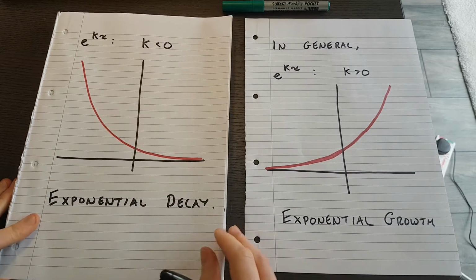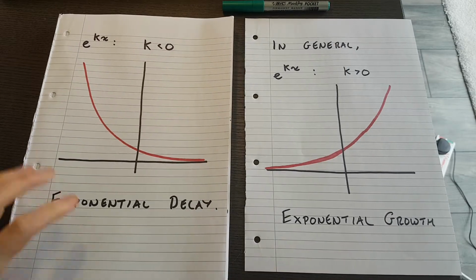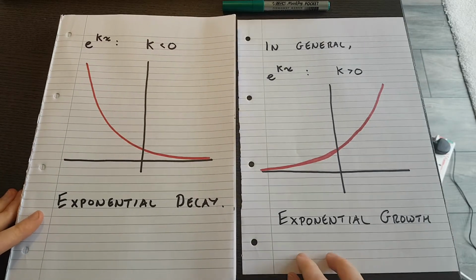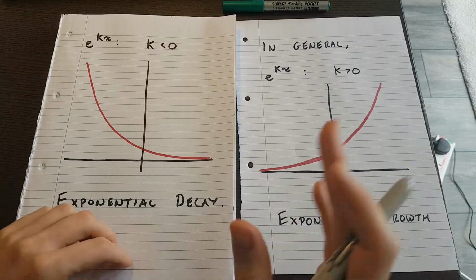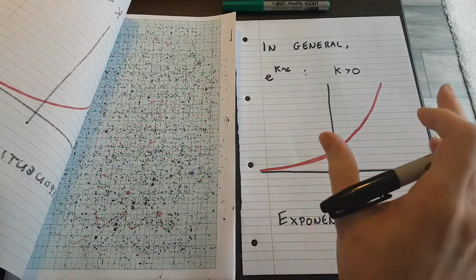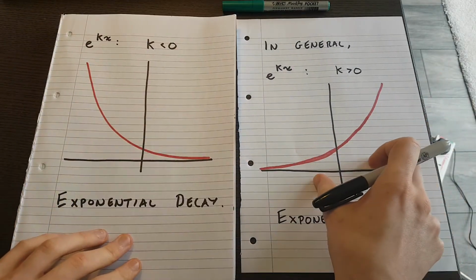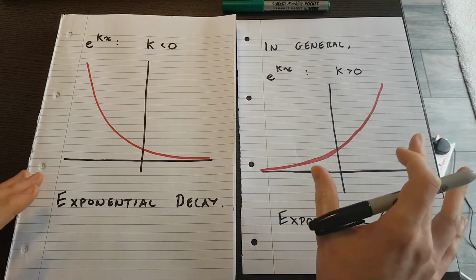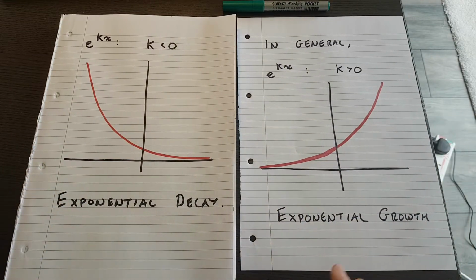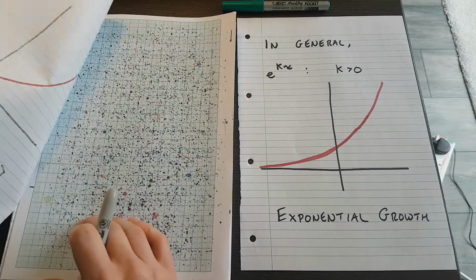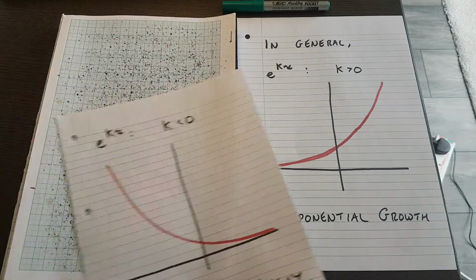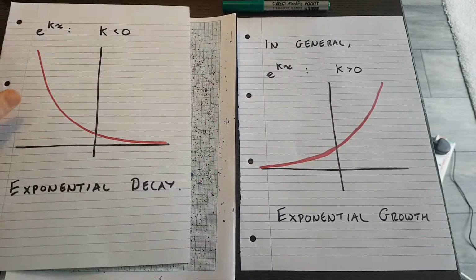Describing everything from the amount of radiation coming from nuclear waste, that would be something like this one, or something like this one would be pandemic, what we're in right now. Okay, so two very important functions. And I want you to notice something.